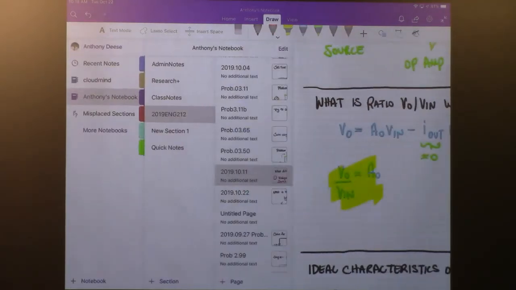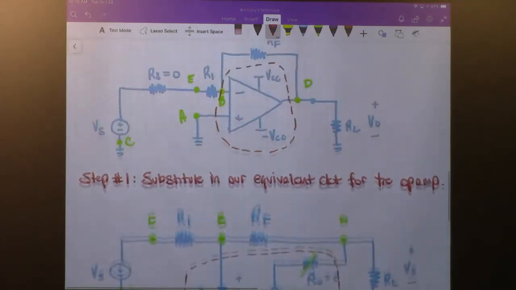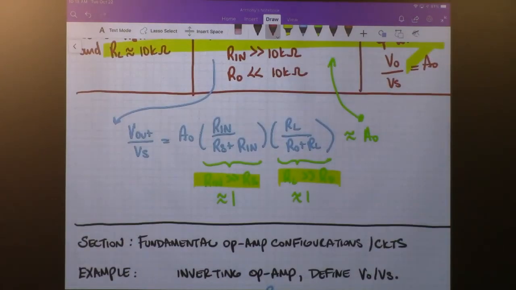And if you look back at what we did up here, you see that if we have an infinite input impedance, that would automatically always get rid of that ratio, because Rin being infinite, it would always be much, much larger than the source resistance.